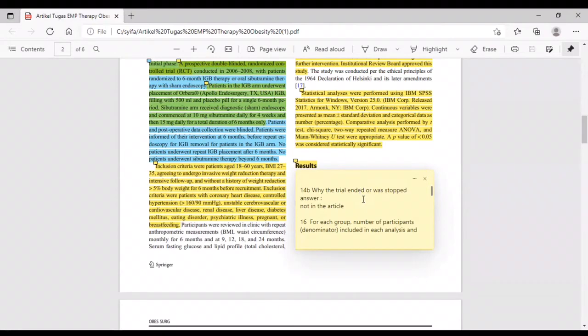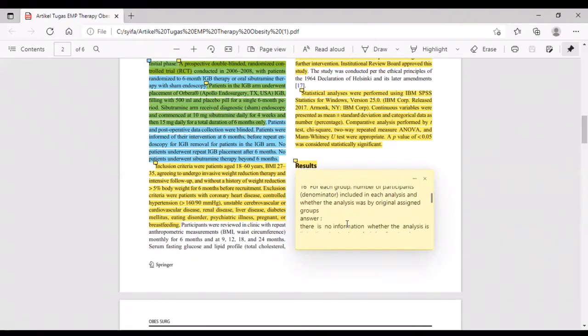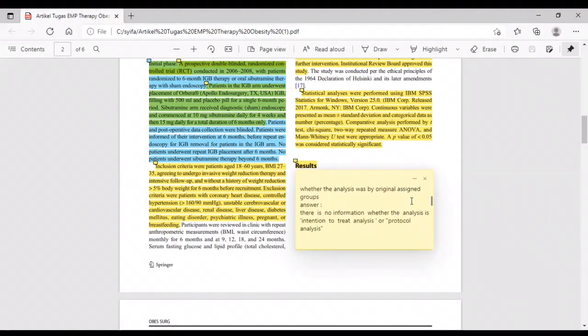And this paragraph includes checklist number 16, the point of which is, for each group, the number of participants included in each analysis, and whether the analysis was by original assigned groups. This article doesn't contain this checklist either.